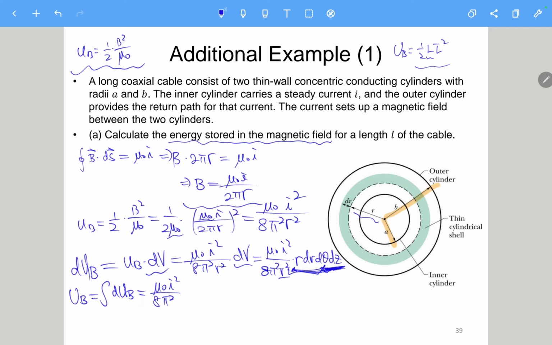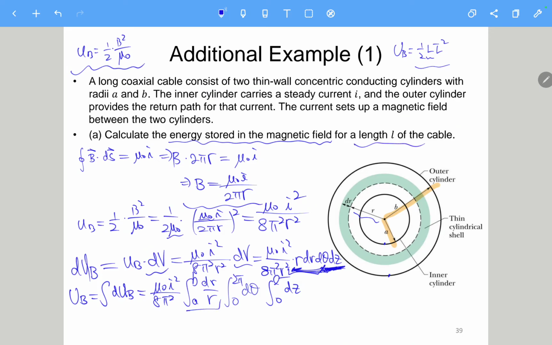And then here we have r squared multiplied by r, so we only have dr over r. And then we integrate from a to b, because a is the inner surface, b is the outer surface. So we only integrate from a to b rather than 0 to r. And then for d theta, we only integrate from 0 to 2 pi because it is a whole circle. And then for dz, we integrate from 0 to L because L is the length of the cable.